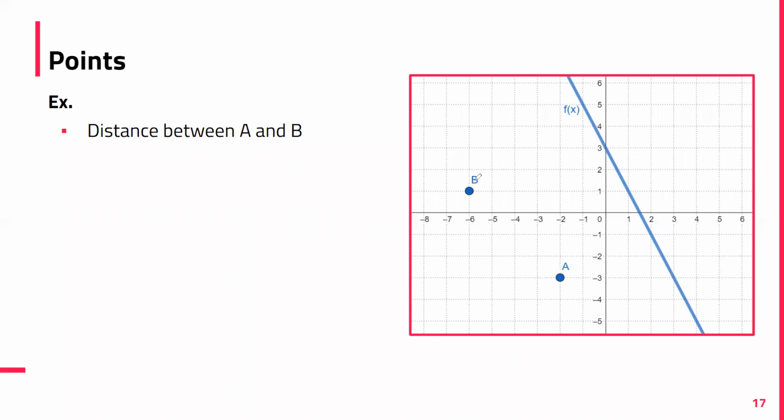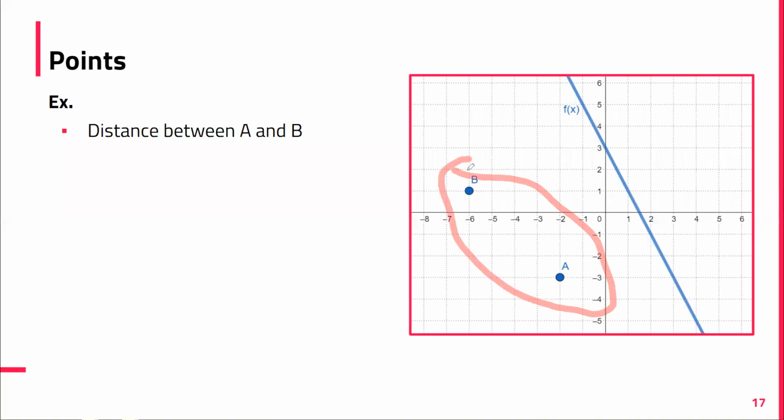One of the questions I asked you was to find the distance between these 2 points. And we want the exact distance, so just trying to count on this grid and guessing is not very precise, so we want to do a slightly better job than that.